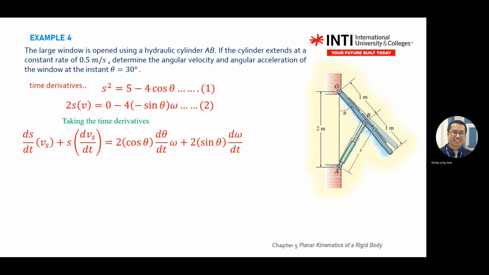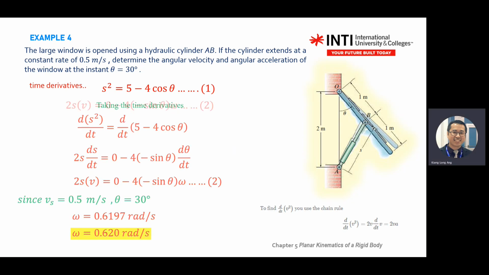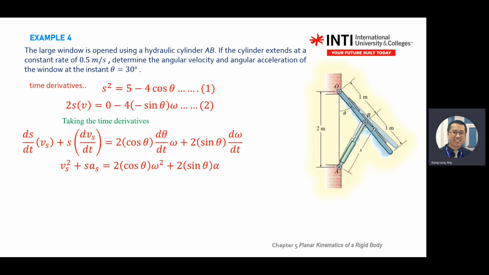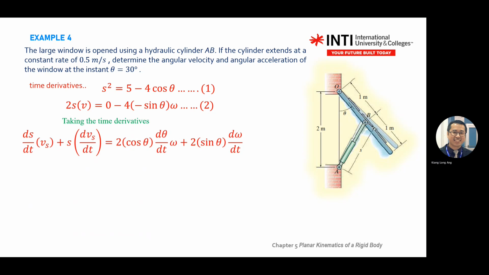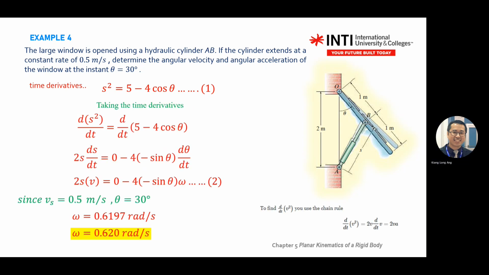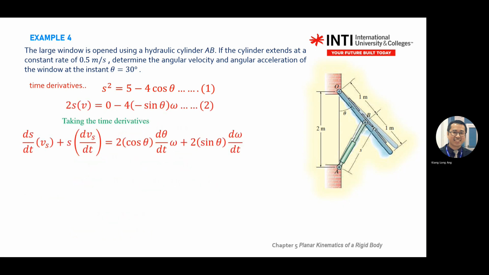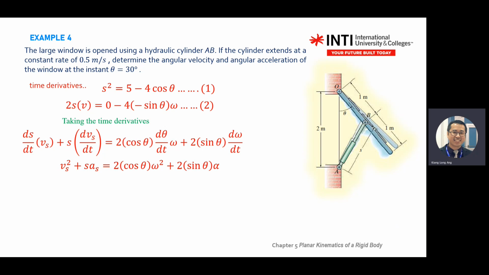So you take the time derivative again, because you want to find acceleration. You take the time derivative of the second equation. Then you arrive at v square equal to s; this one changes to a, this one changes to omega square, this one changes to alpha.